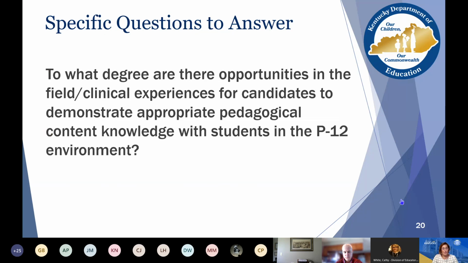So look and review. Now, the specific question that we ask is, to what degree did this program provide opportunities in the field and clinical experiences for students to demonstrate appropriate pedagogical knowledge and content knowledge with students in P12 environments?